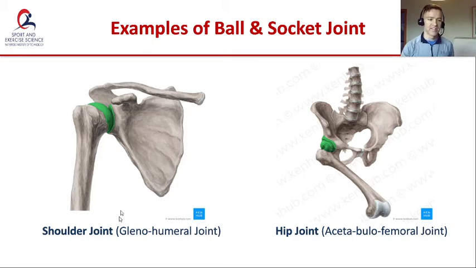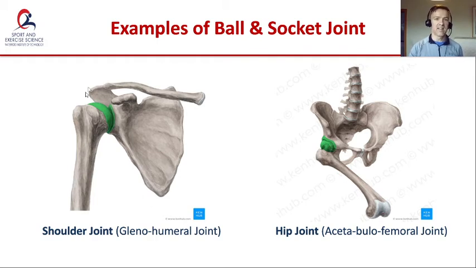We have the shoulder joints, where the humerus meets the shoulder blade, and the proper name for that is the glenohumeral joint. We mentioned that this little part of the shoulder blade is called your glenoid fossa, and your upper arm is called your humerus. So your glenohumeral joint is where the glenoid fossa meets the humerus.